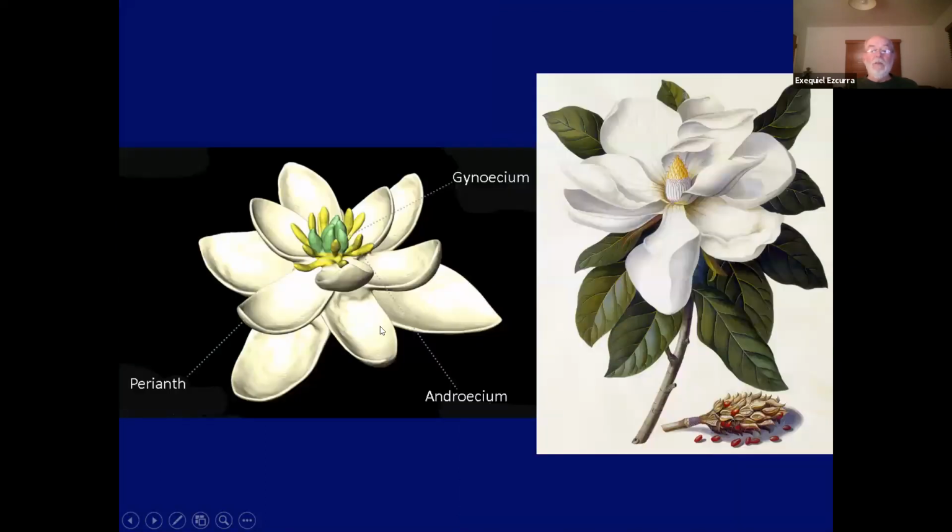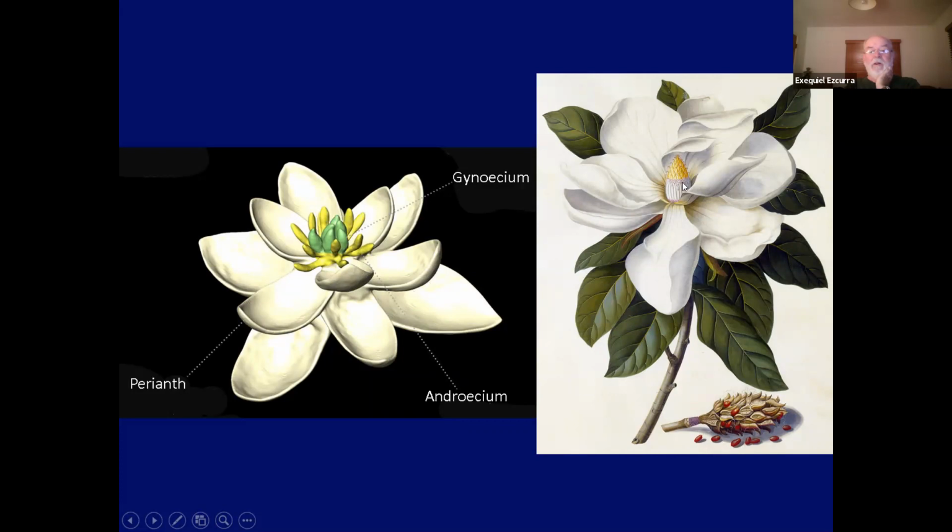As a matter of fact, recently there was an article in the journal Nature where a group of researchers reconstructed how the first angiosperm flower, how the first flowers must have looked, based on genetic analysis of genes common to all flowering plants, working backwards on very ancient genes that have existed in flowering plants since their origin, and their inference of what an original flower must have looked like.